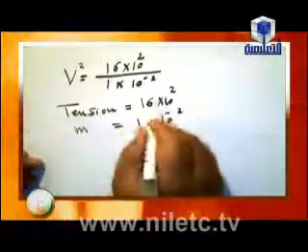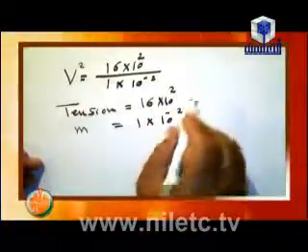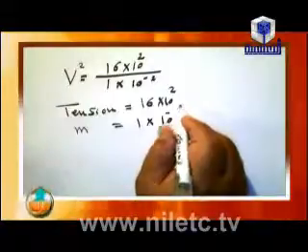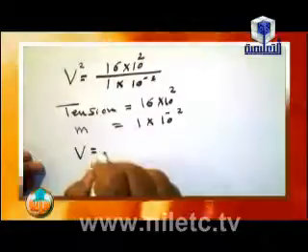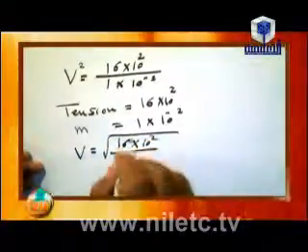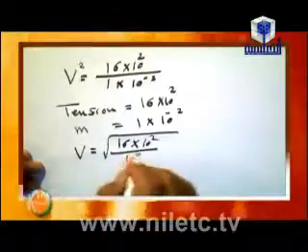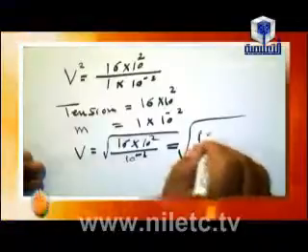So the tension is 16 times 10 power 2, and the mass per unit length is 1 times 10 power negative 2. We can also find the velocity. V equals square root of 16 times 10 power 2 over 10 power negative 2, which is equal to 16.